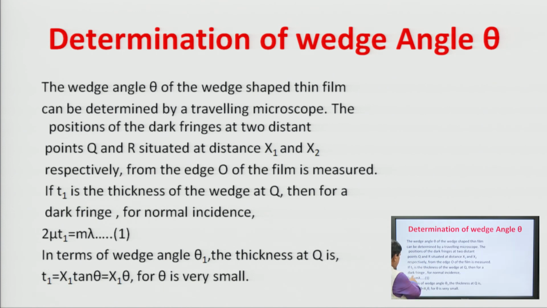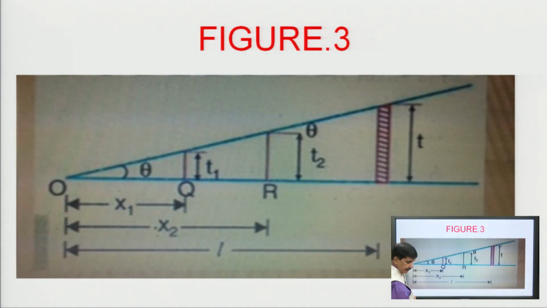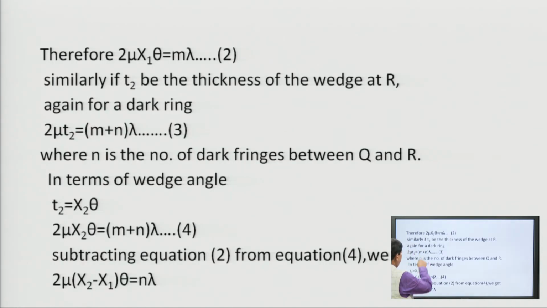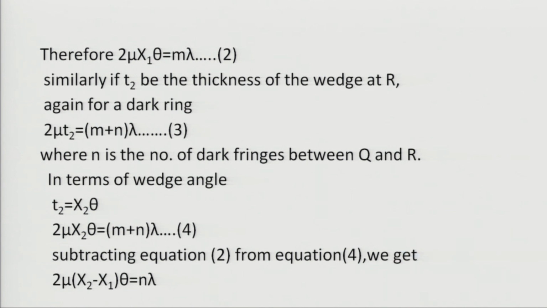Similarly, T1 in terms of theta, we can write T1 is equal to x1 tan theta or x1 theta, as theta is very small. Putting this value of T1, we get 2 mu x1 theta, as from the figure, is equal to m lambda. This is our second equation.